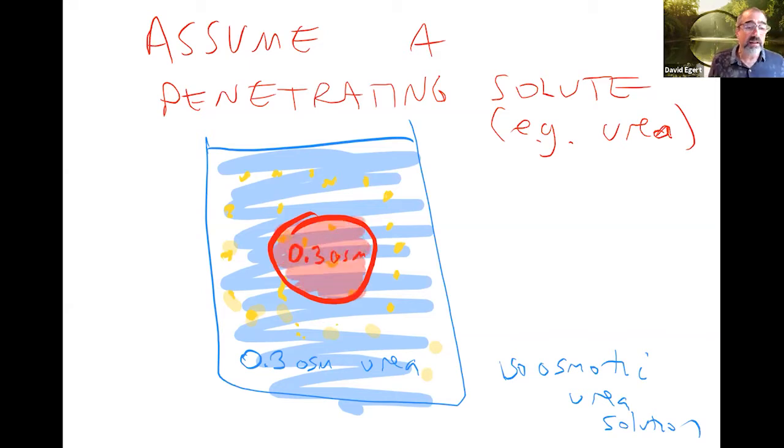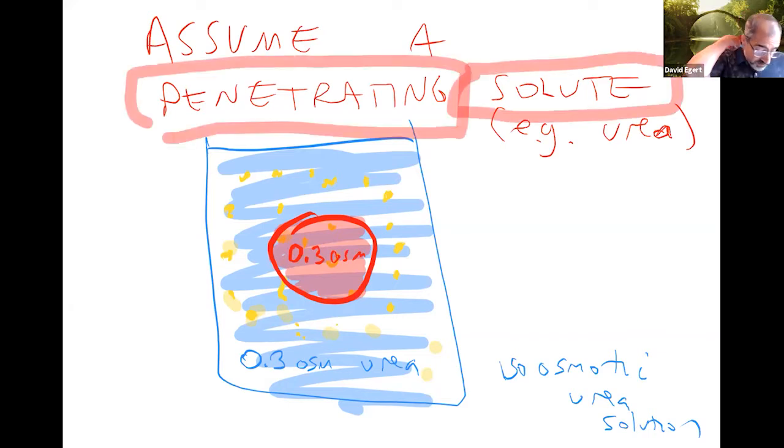So here I have an isoosmotic solution, but it's a penetrating solute. So the moment this hits the solution, maybe for a fraction of an instant things are okay, but after the first instant, things are not going to be okay anymore. Because there is not urea inside a cell normally.